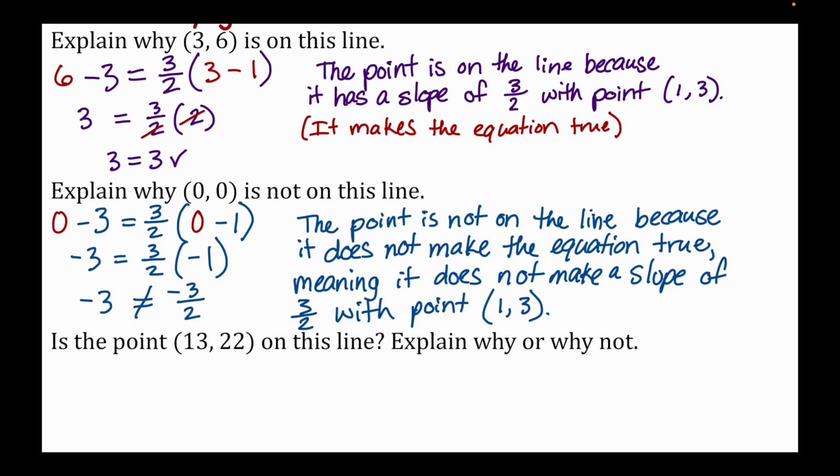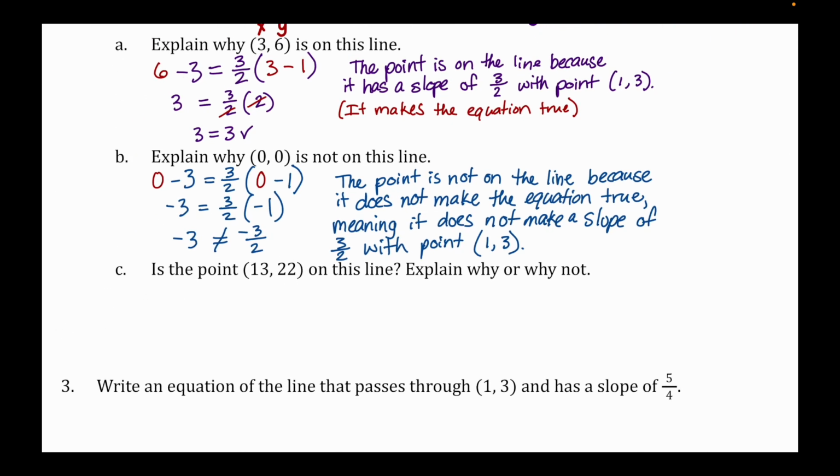So it doesn't make the equation true, which means that it does not make that slope with the point that we wanted. Now for C, we got to solve it first.